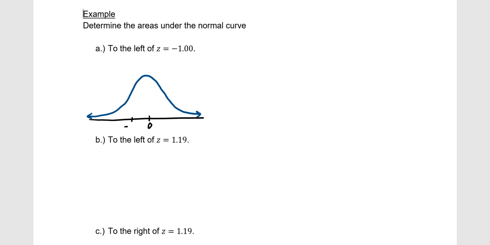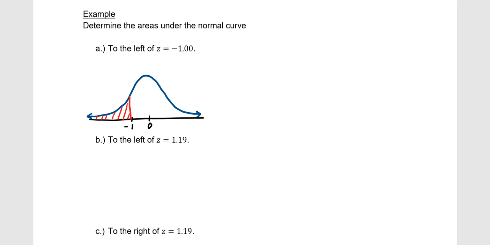If we want the area to the left, that's this area right here. Without doing anything, we know this should be maybe around 30% or 0.3, definitely less than 50%, because less than 50% is shaded in.